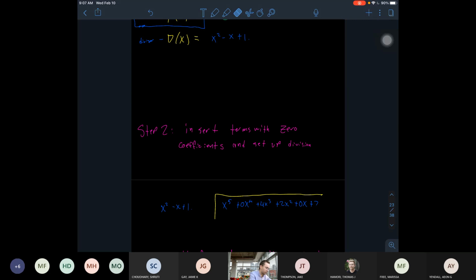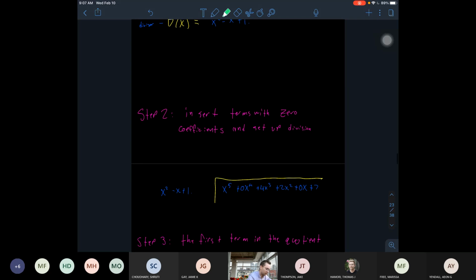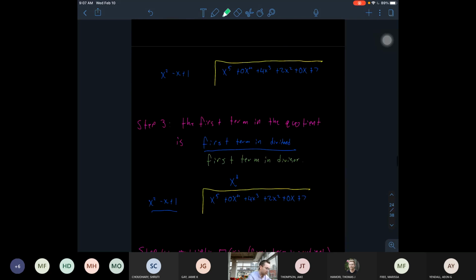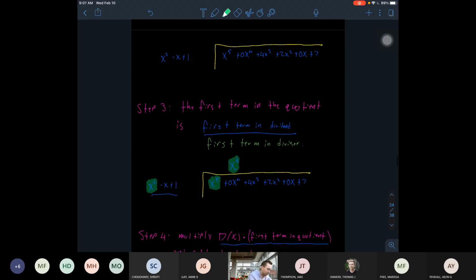So I added in all of these terms here with 0x to the 4th and 0x. And then the next step was to take the first term of whatever we have inside and divide it by the first term of whatever we have outside, and that gave us the first term in the quotient.